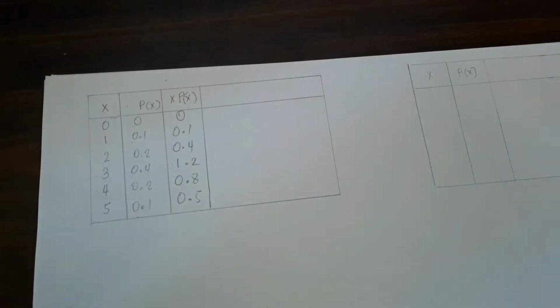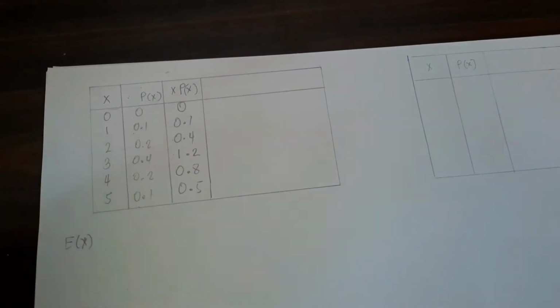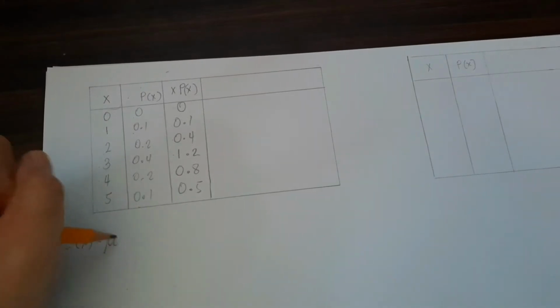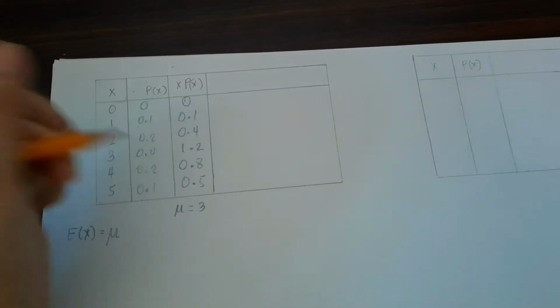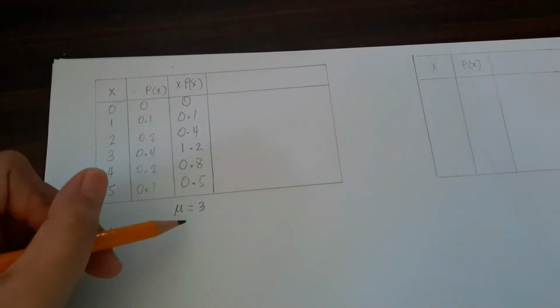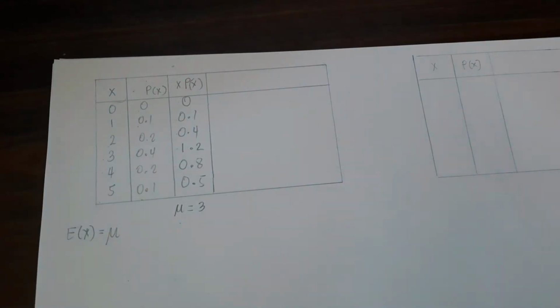So, ang ating expected value, ang E of x, which is the expected value, is also this symbol. So, pwede natin ilagay that the mean is equal to 3. So, eto na yung ating mean. Total siya ng x times p of x natin. After natin makuha yung ating expected value or the mean, we will proceed to step 2.